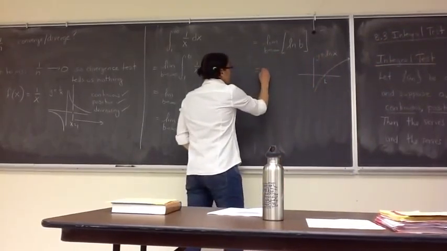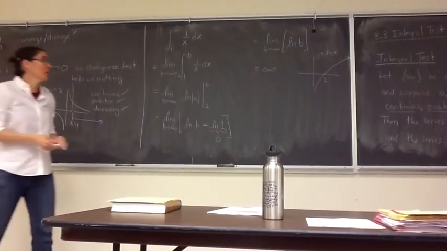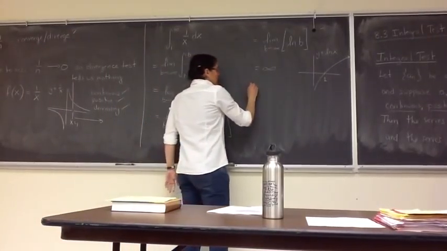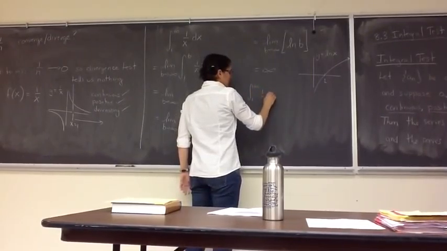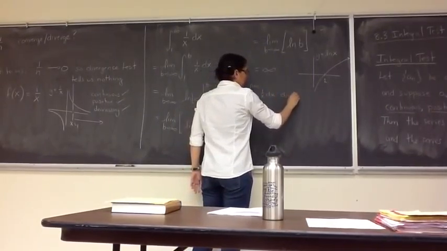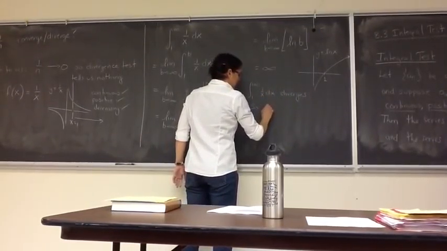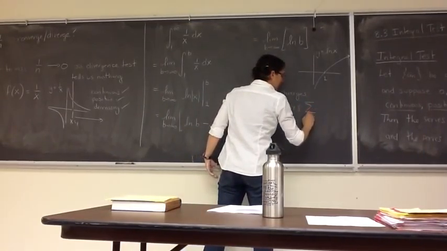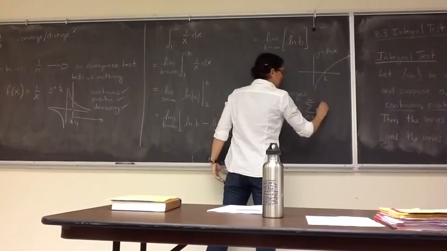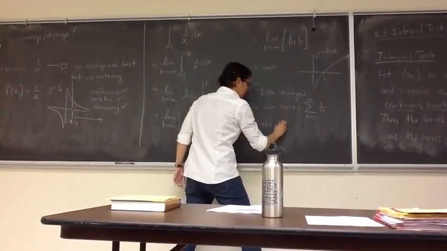And so our limit is equal to infinity. And so our improper integral, the integral from 1 to infinity of 1 over x dx, diverges. So our series, the sum where n goes from 1 up to infinity of 1 over n, also diverges.